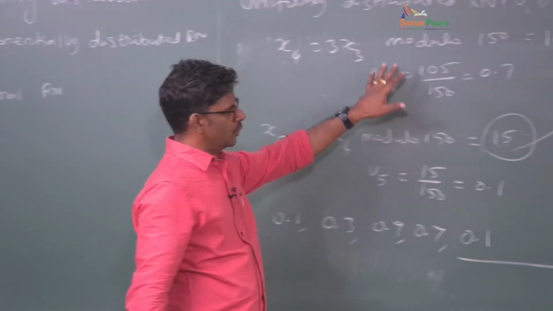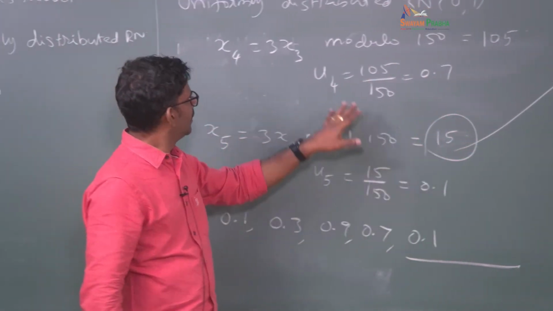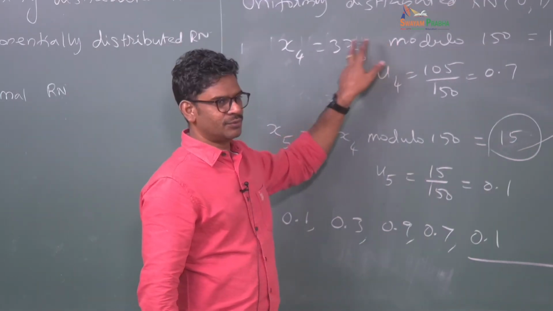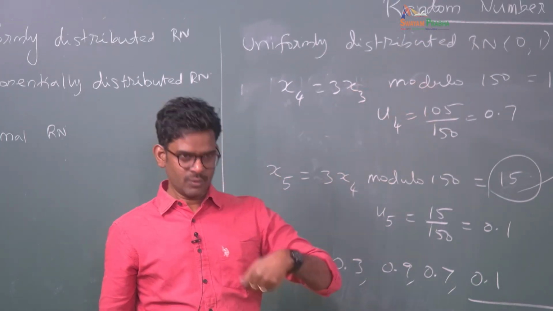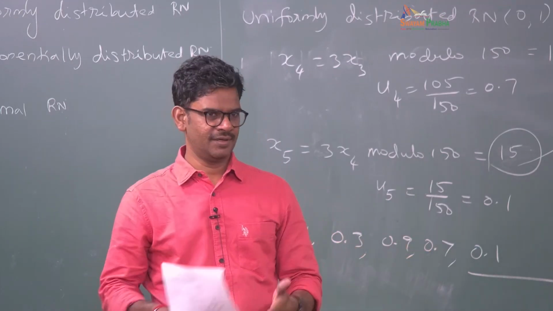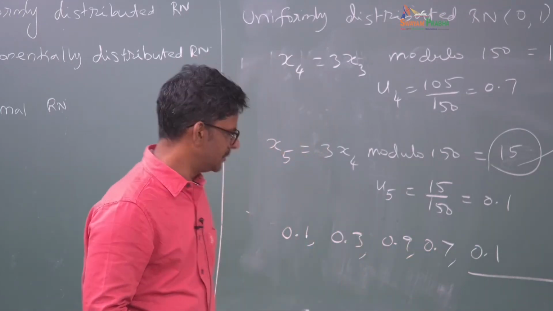One improvement one can make is to add a constant term to this. That's called the mixed congruential method, which provides one more variable and extends the length of the non-repeating sequence.